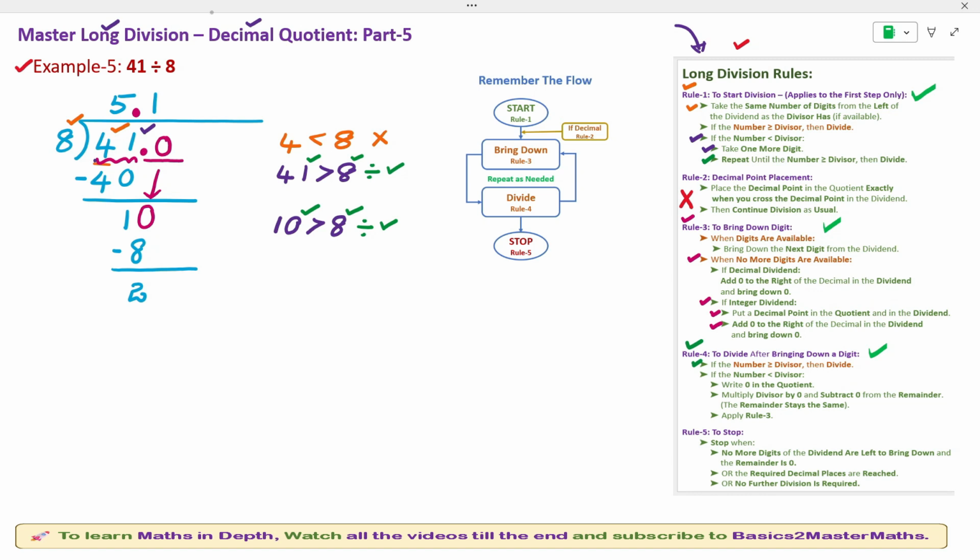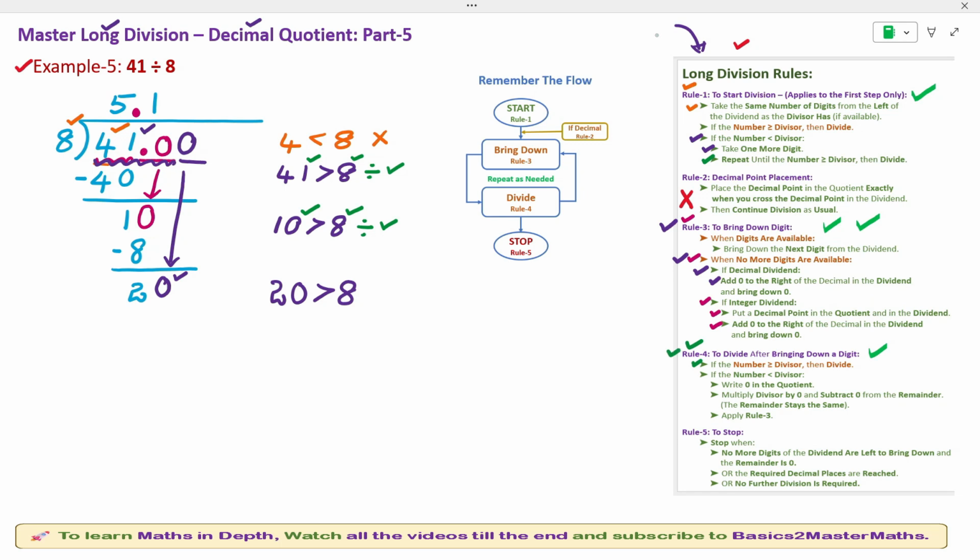Observe, 41.0 is a decimal and no more digits are available on the dividend to bring down. Now rule 3 is complete second time. Now the number is 20, which is greater than the divisor 8.